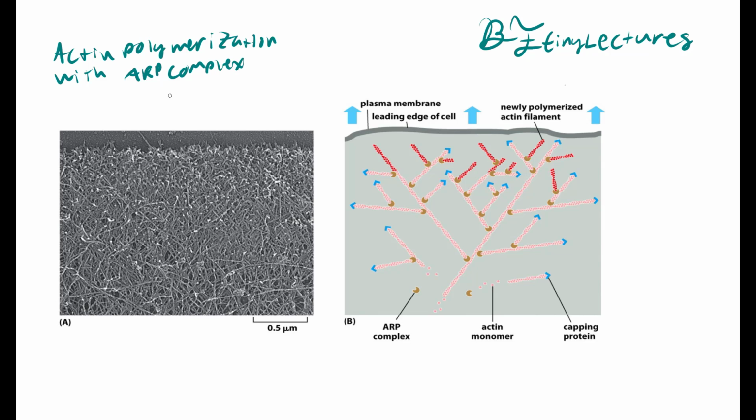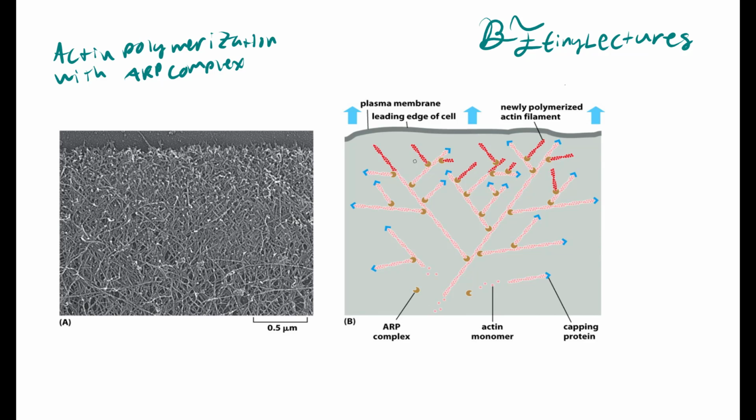The ARP complex stands for actin-related protein. This protein complex is going to stabilize the actin monomers. And when it stabilizes the actin monomers, the ATP cannot be hydrolyzed. And when the ATP cannot be hydrolyzed, the actin monomer begins to expand.